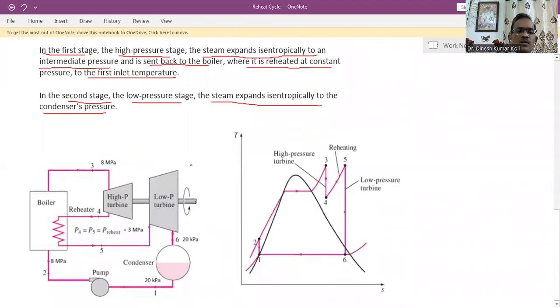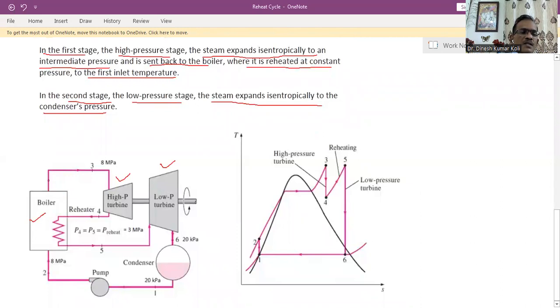Now here you will see the schematic diagram. This is the high pressure turbine, and this is the low pressure turbine. This is the boiler, which is generating the steam.